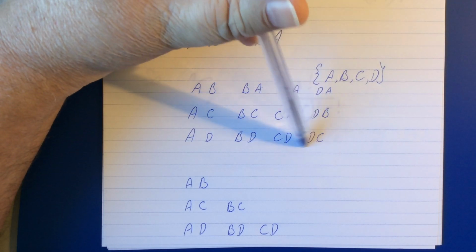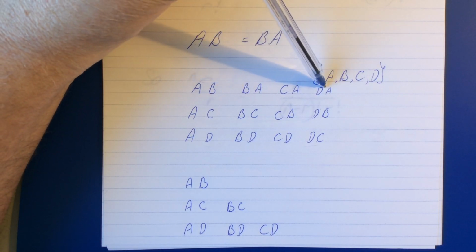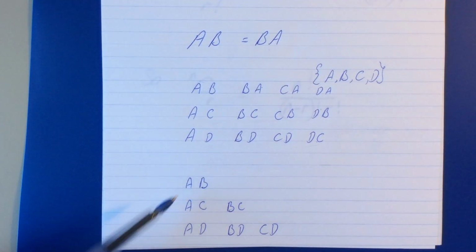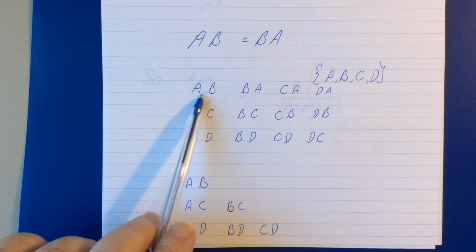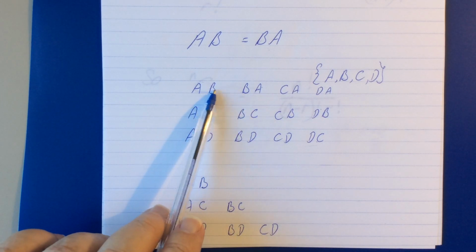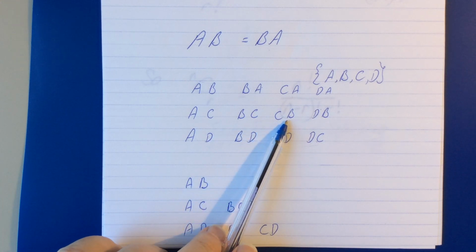These are in fact permutations because order is important. Where order is not important, when AB is the same as BA, what I've done is take out all the double ups, so to speak. AB and BA are considered the same, BC and CB are the same, and so forth.